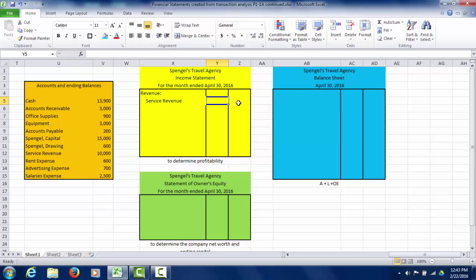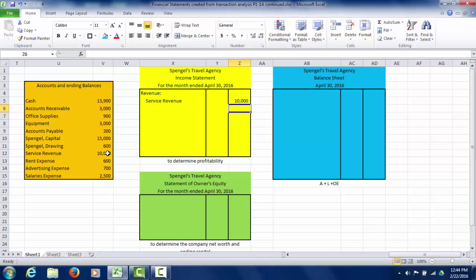So this service revenue that we have, since we only have the one revenue, I'm going to put it directly in column 2. But let's just pretend my particular business earned money 2 different ways. So not only did we earn money by providing services, but we also rent out some space in our store, let's say.